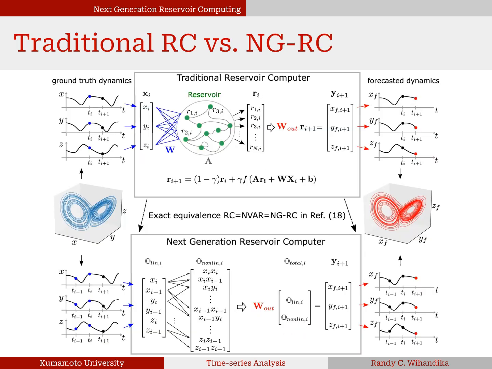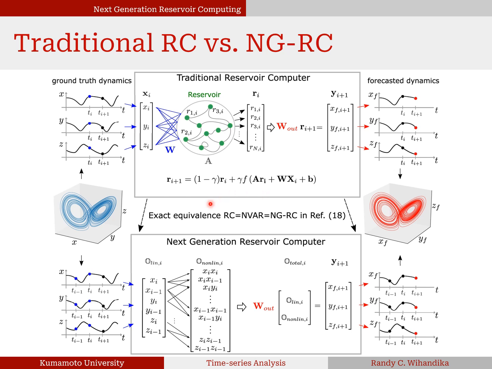Here we see the traditional RC: from the input data, we broadcast it to the reservoir, and then we calculate the reservoir state R. Then finally, we get the final output, the Y right here, with the same formula that we have discussed before.